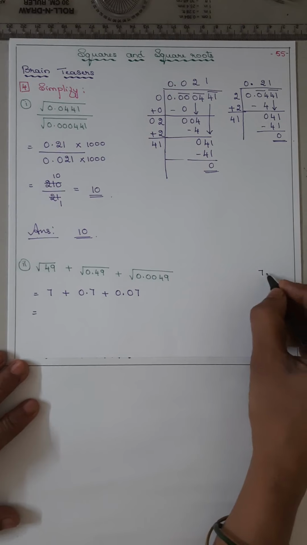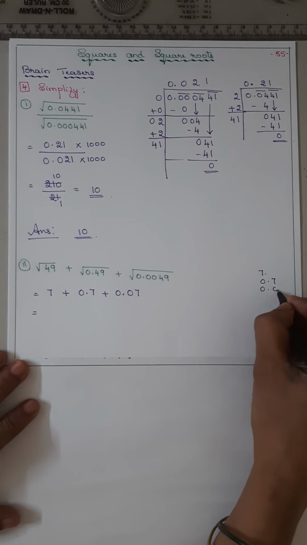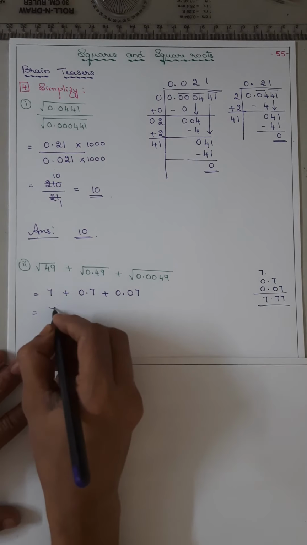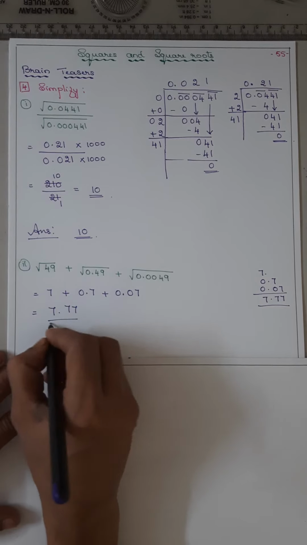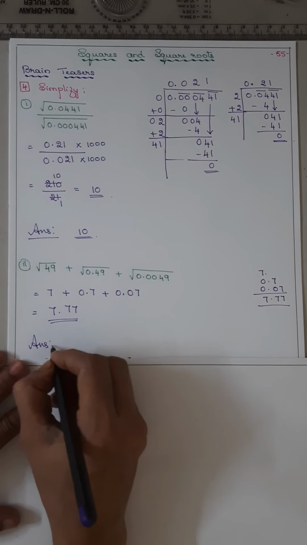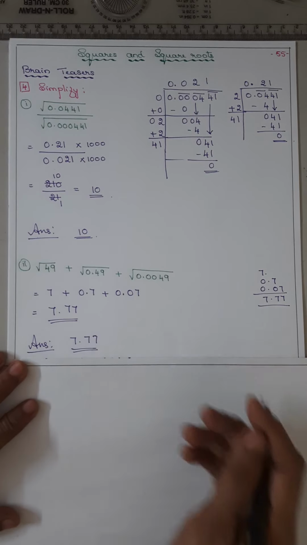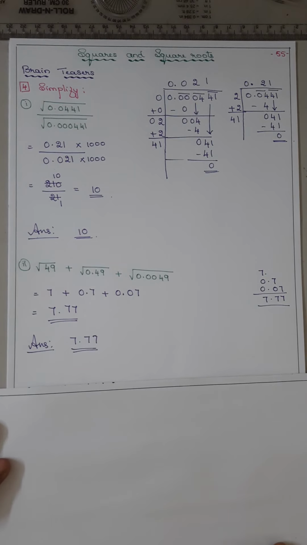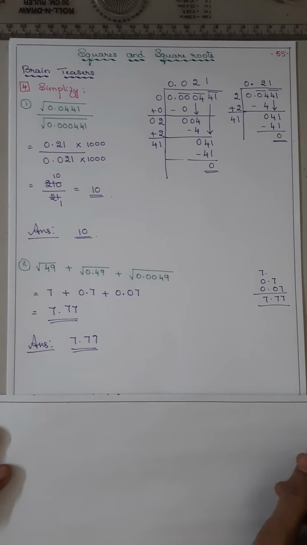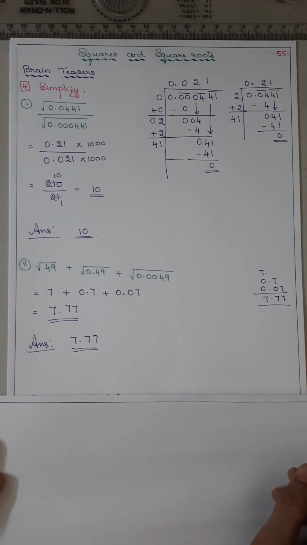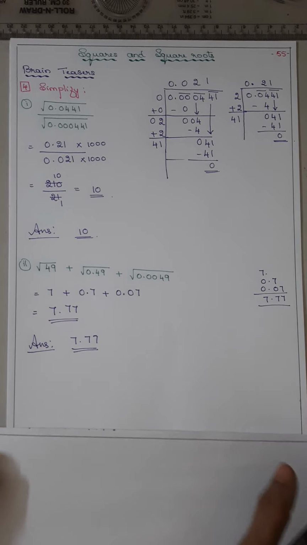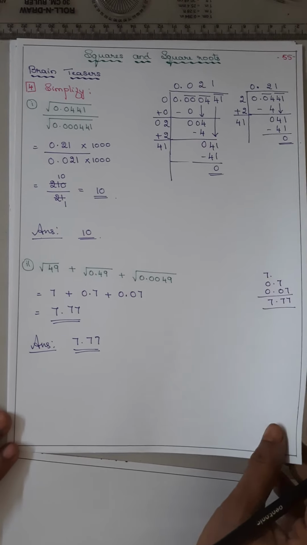Yes or no? This is 7, 0.7, 0.07, 7.77. Easiest sum, isn't it? According to the decimal places, you have to find out the answer. Then we have completed question number 4.